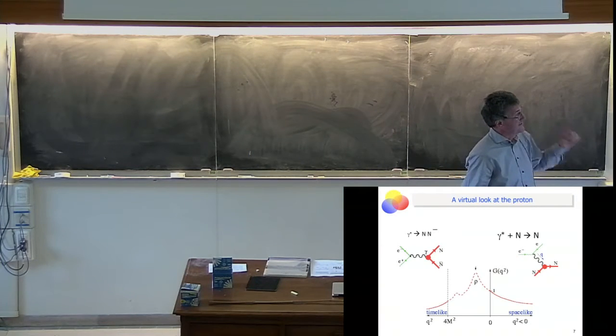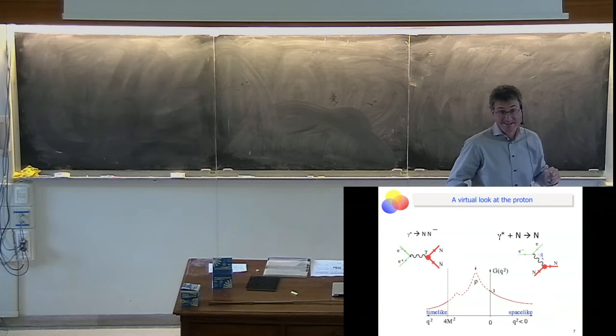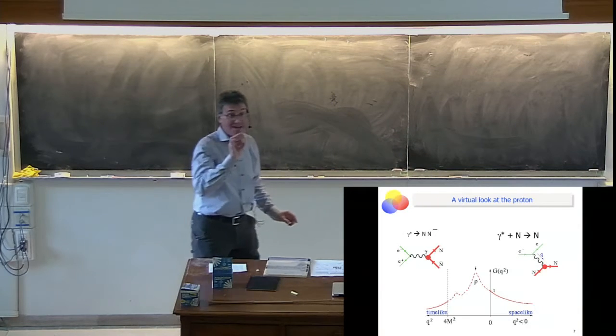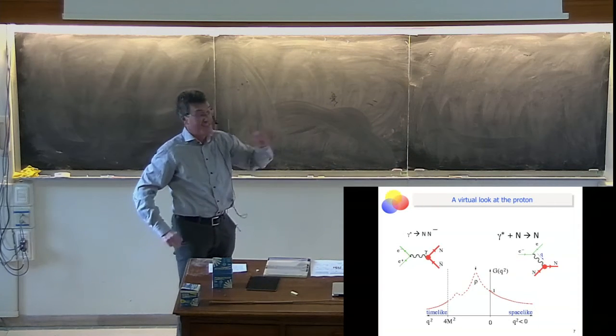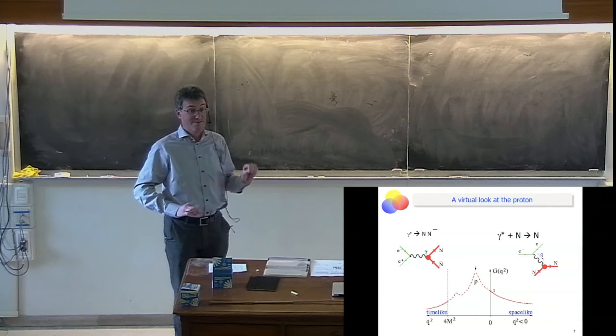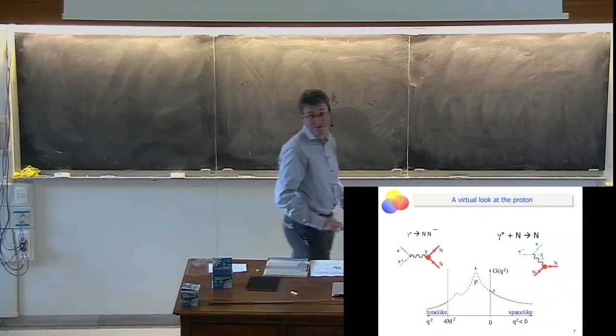If you really look at e plus, e minus to n n-bar, you need at least to have sufficient energy to produce this, and then not produce them with any momentum. So that's the threshold, and so 4m squared is one of these thresholds. It's one of these regions where you enter along a particular direction, in this case q squared, the physical region of this e plus, e minus to n n-bar process.